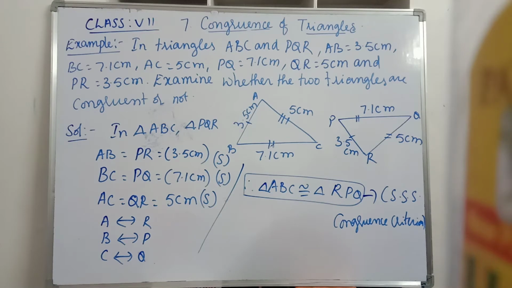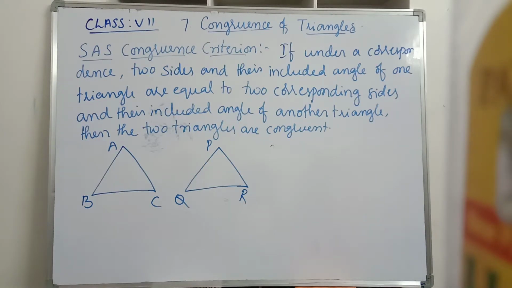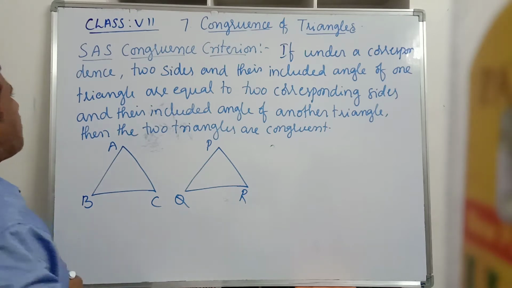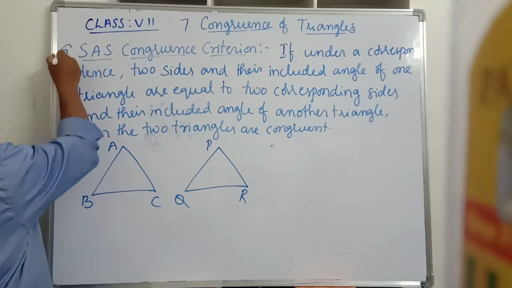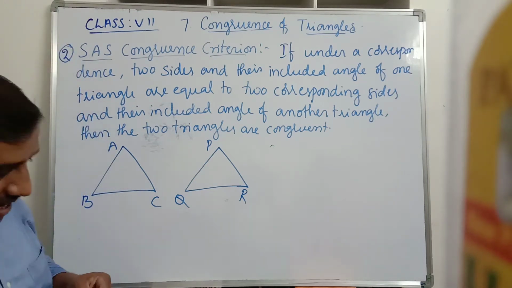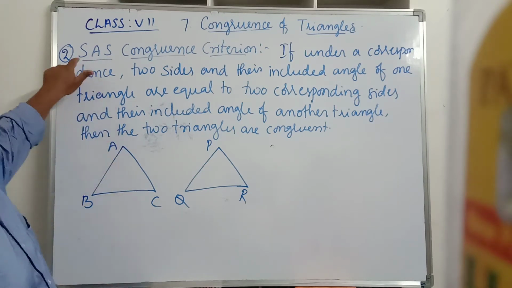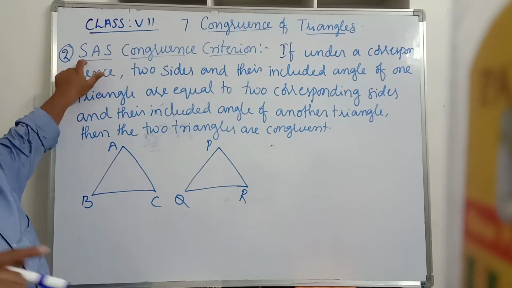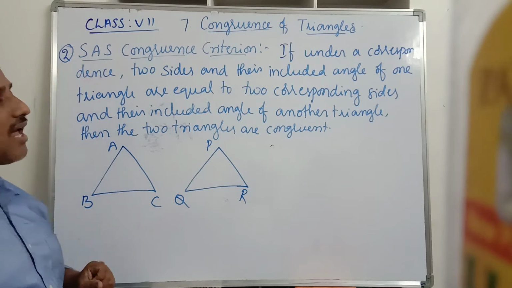Is it clear, children? Now the second congruency criterion is SAS, side, angle, side. S stands for side, A stands for angle.